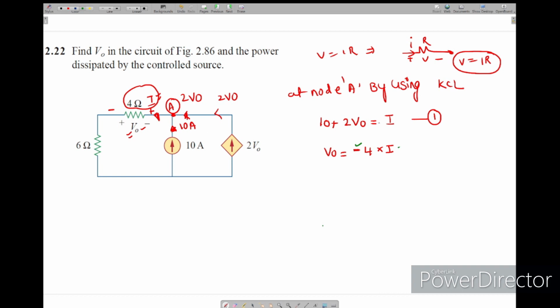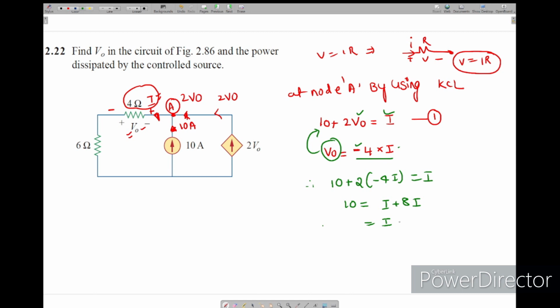Now by using equation 1 we have V0, and by using equation 2 we have the relation between V0 and I. So we replace V0 here: 10 plus 2 times minus 4I equals I. Now 10 equals I plus 8I.